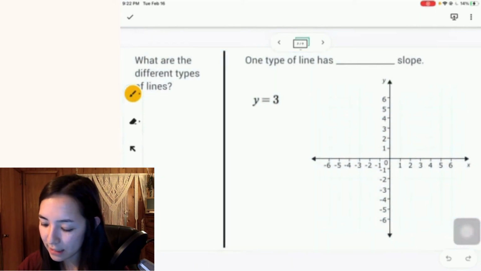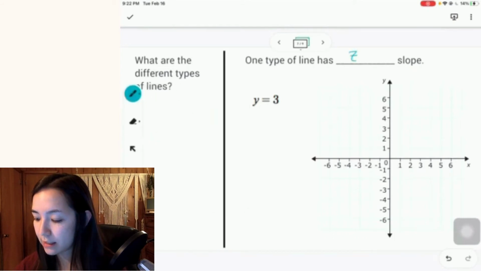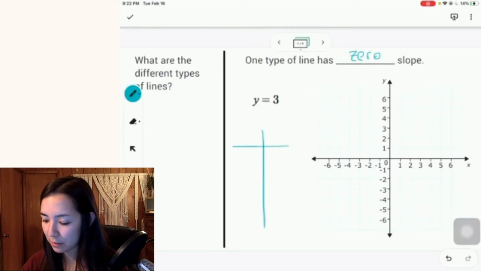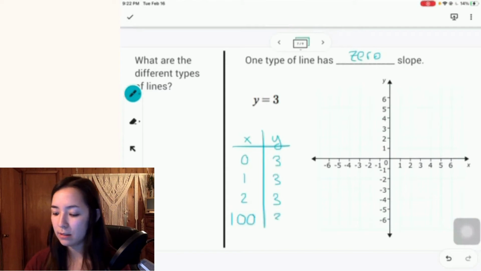So let's see. This is another example where it has 0 slope. This time, y equals 3. So basically, if we thought about drawing a table, when x is 0, y is 3. When x is 1, y is 3. When x is 2, y is 3. When x is 100, y is 3.